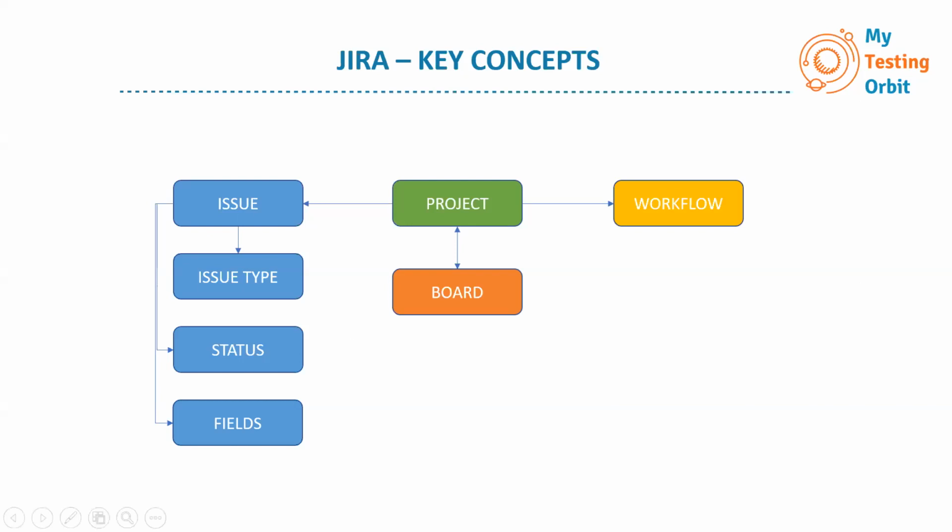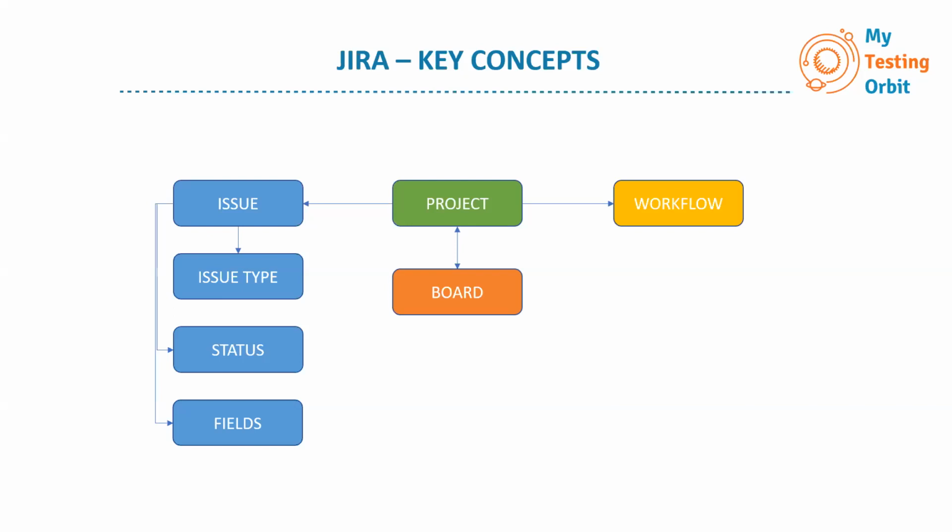Then we have fields. When we see an issue, it has an issue type, then a status, and each issue will have different kinds of fields, which can again be customizable. We can have a description, and the description for each issue type might be different. In a user story, the description can have acceptance criteria, or maybe we can have a separate field for acceptance criteria.